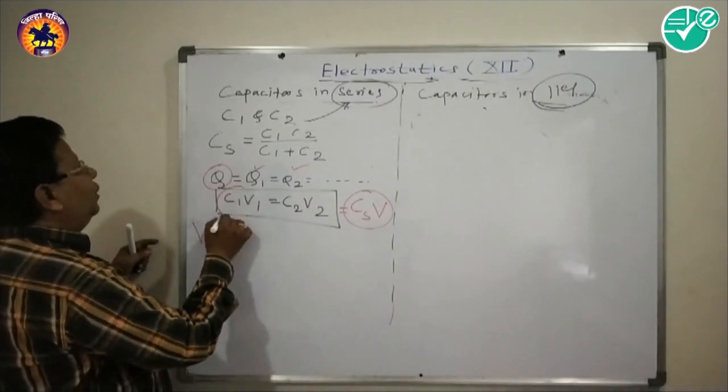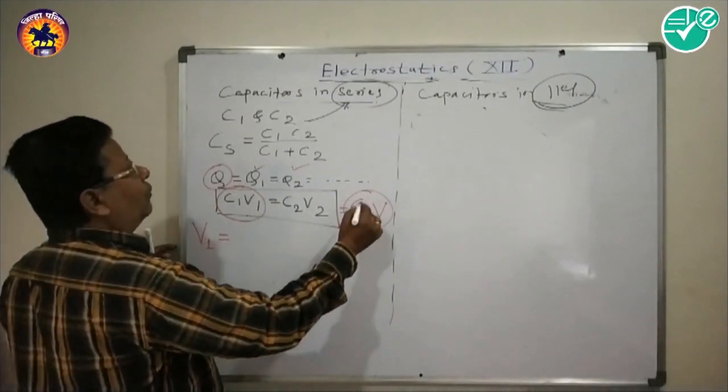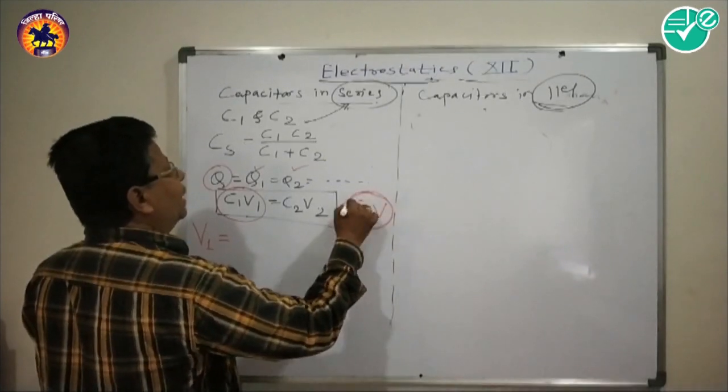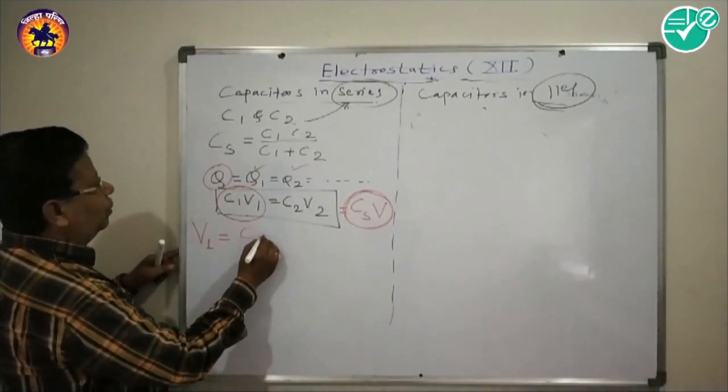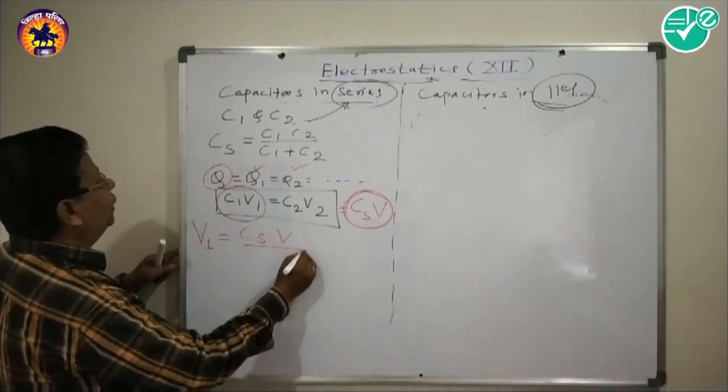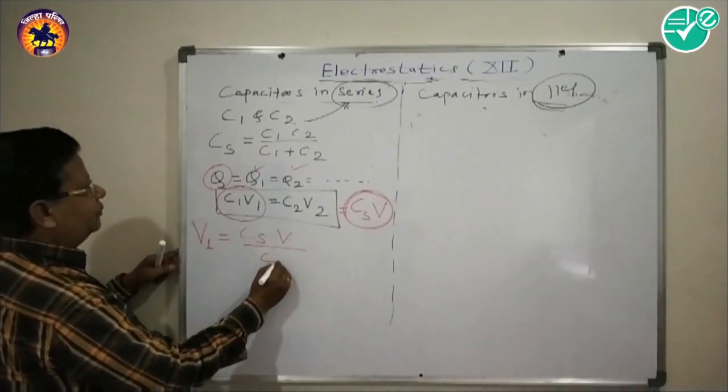So C1 into V1 is equal to Cs into V. So we write V1 is equal to Cs into V divided by C1.